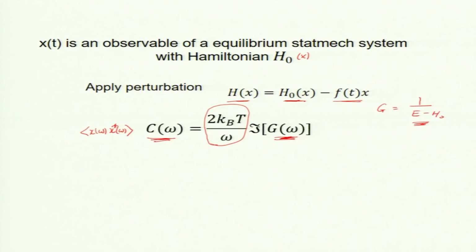So, you see the Green's function and correlation function are not the same, and the frequency omega has come in. This is not far away from equilibrium; it is close to equilibrium. My system was in equilibrium and I just give a small kick. This formula is valid only near equilibrium.